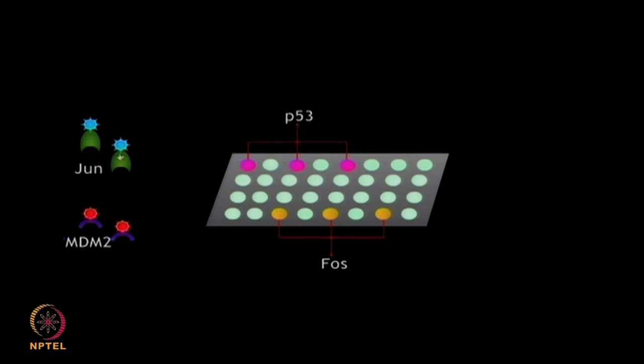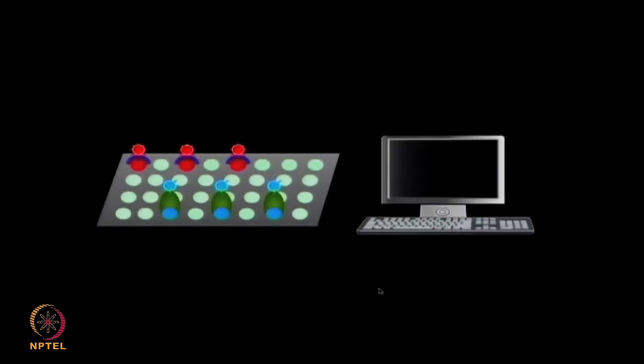Now, if we drag the Jun protein, it should interact with the Fos protein, as you can see by these interactions here. Now, MDM2 proteins interact with P53 protein. Once this interaction is established, then these signals can be detected by using a scanner.